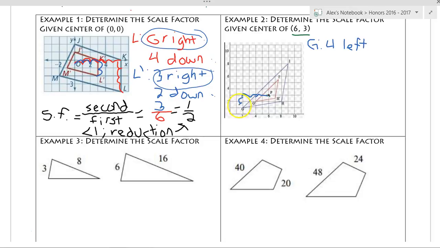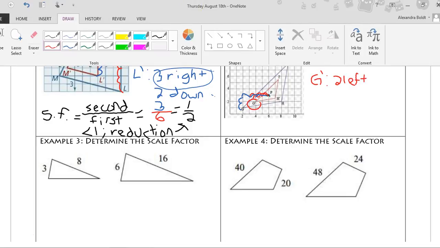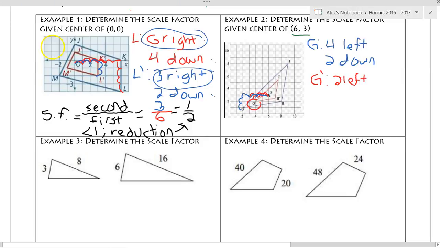And then it's down 2, so 2 down. And then I have to do G prime, the second one. And G prime is 1, 2, just 2 left. And then it's 1 down.